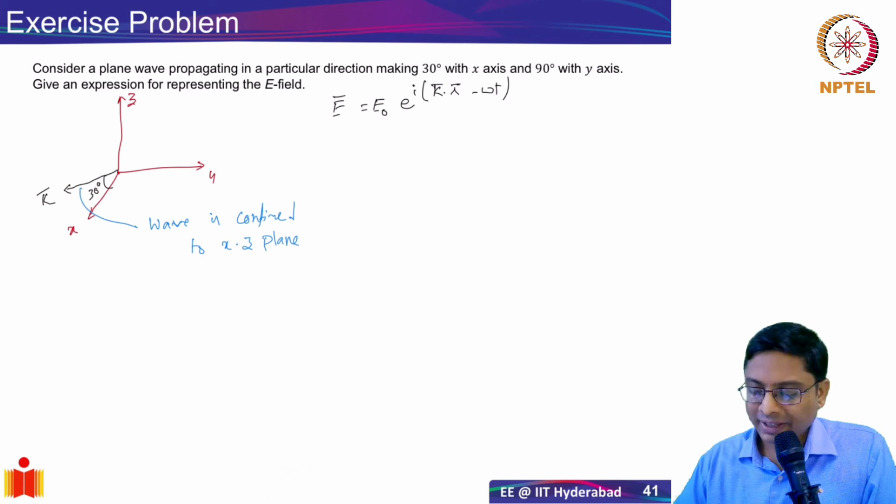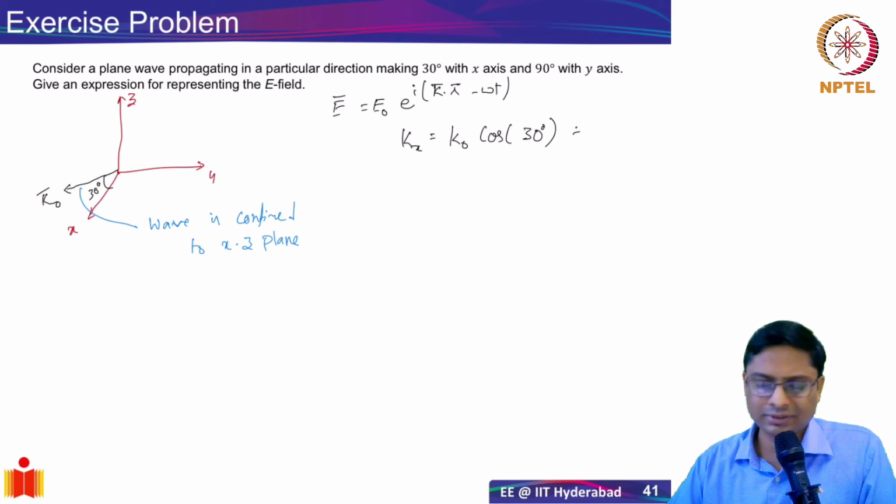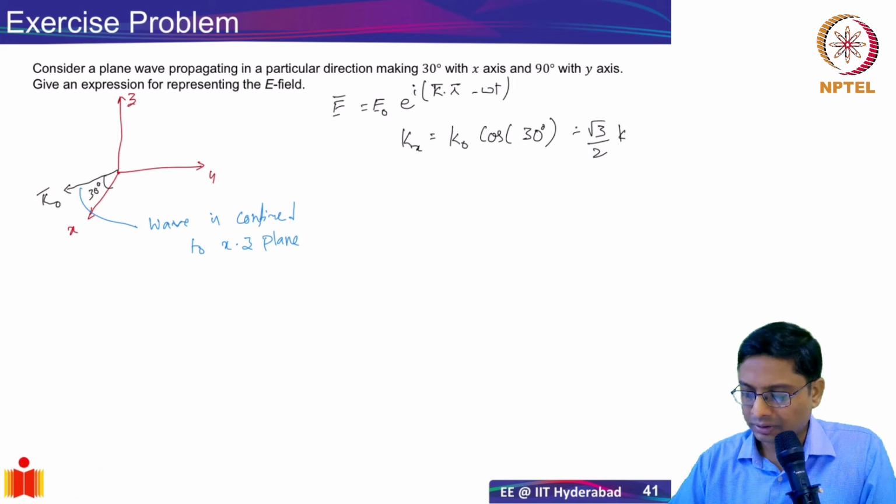So what is going to be my kx? Kx is simply the component of k, or rather I'll call it k naught, in the x direction. That is simply going to be cosine of 30 degrees, which is root 3 by 2, root 3 by 2 k naught.